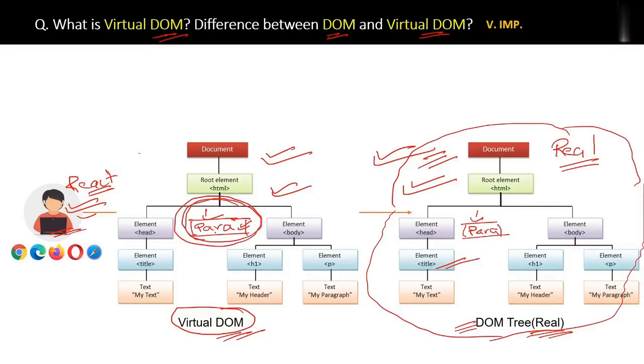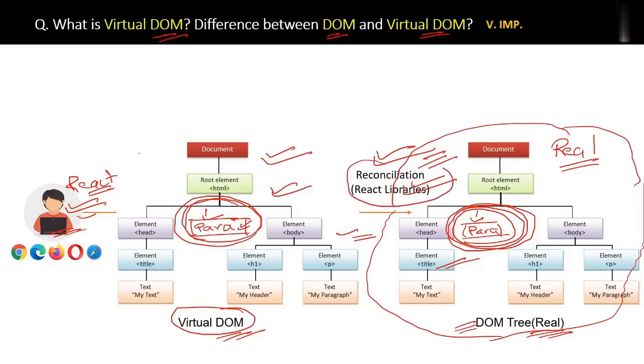And then in the background, the React algorithms of the React library will keep comparing the changes between the virtual DOM and the real DOM, and whatever changes the user has made in the virtual DOM, only those changes will be updated in the real DOM by the React library. Great. This is the whole process, and this update process from virtual DOM to real DOM is also called reconciliation, which is done by the React library.